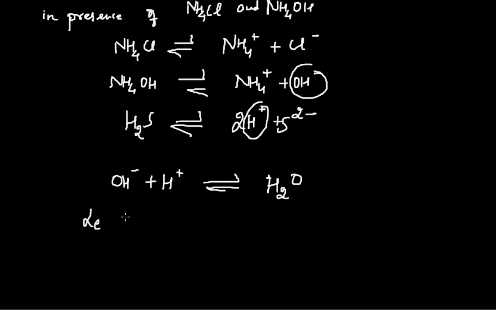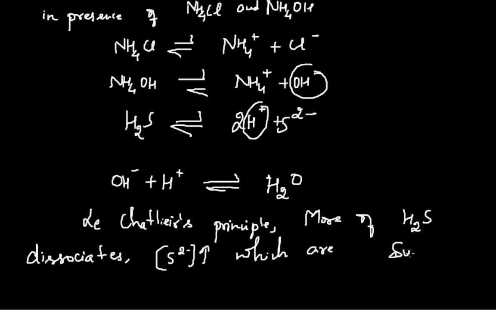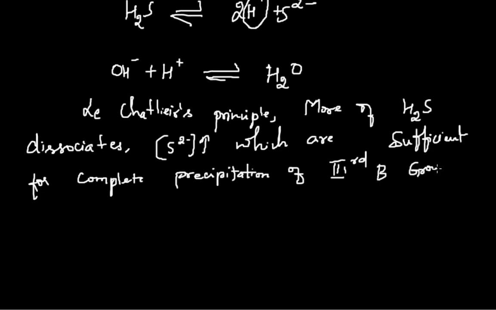So Le Chatelier's principle, more of H2S dissociates, S2 minus ion concentration increases, which are sufficient for complete precipitation of cations. Now why did we add NH4Cl?